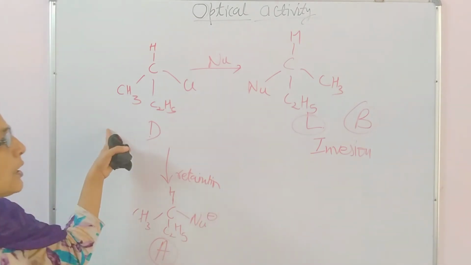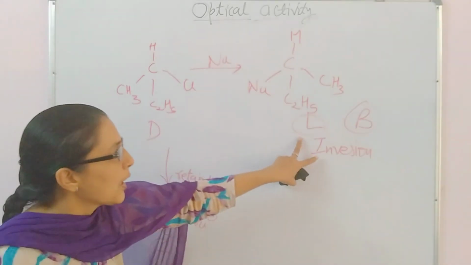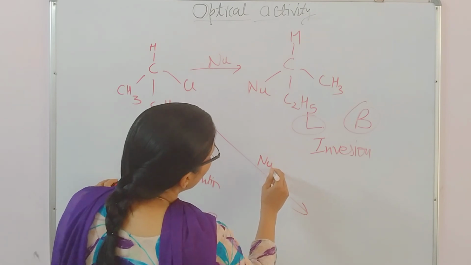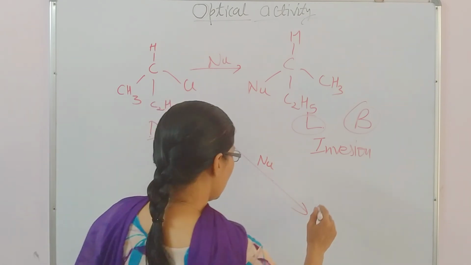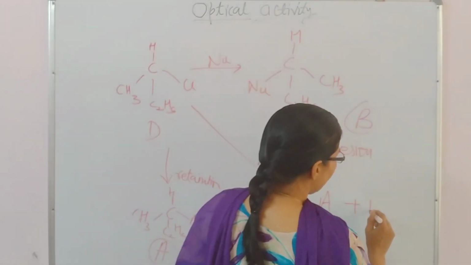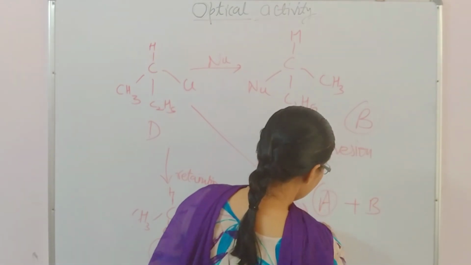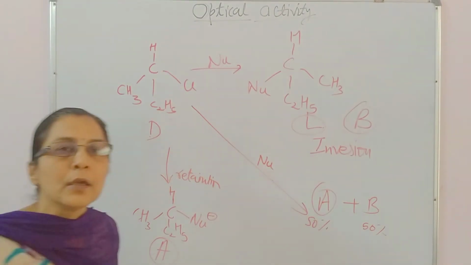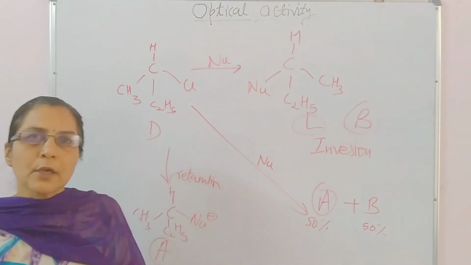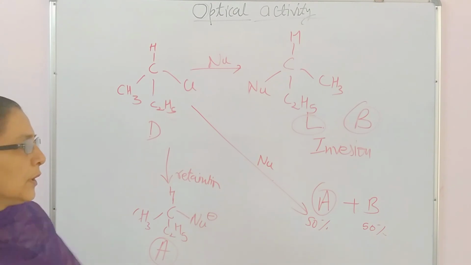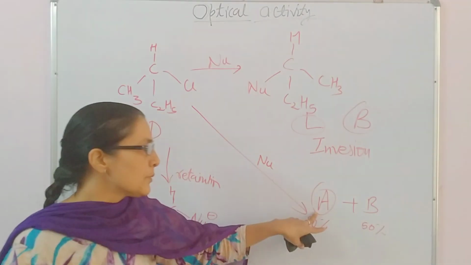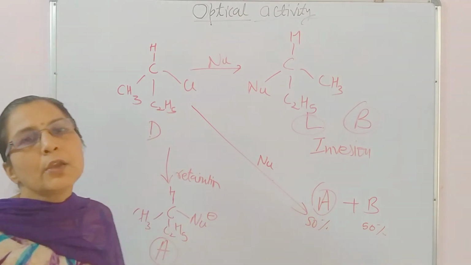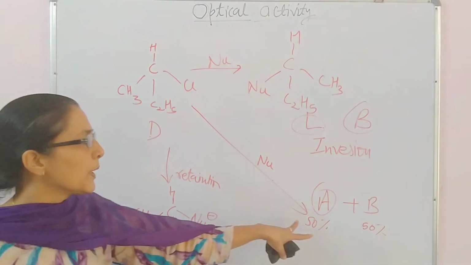In the same manner here, we have inversion. In any process by which the nucleophile attacks, there can be a mixture of A plus B, 50% A and 50% B. If we get 50% of each substance, what will happen? This overall mixture of A and B, equimolar, will not show optical activity.